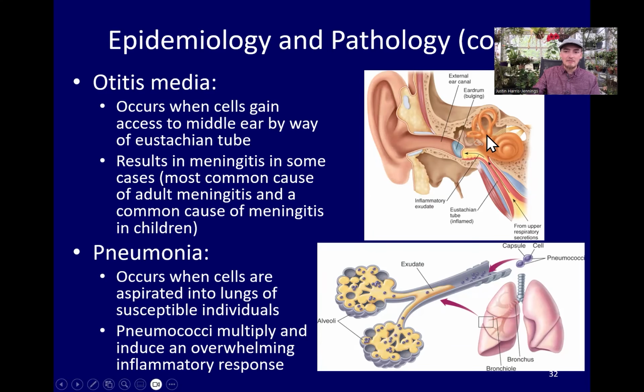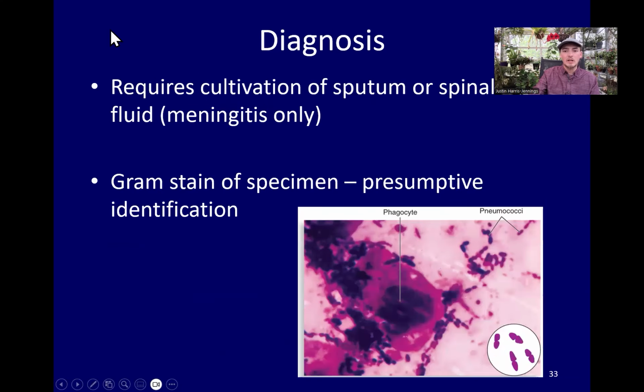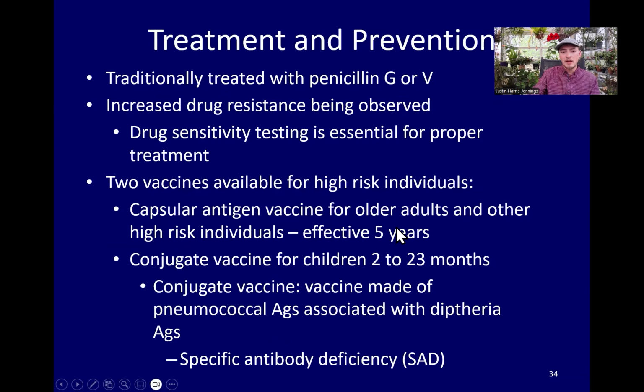It can get inside and infect the inner ear, or it can go into the lungs and infect the alveoli. You can usually diagnose this by culturing the sputum on special media, or you can do a gram stain to visualize these diplococci and short chains. You can treat this with antibiotics or through preventative measures like the conjugated vaccine.